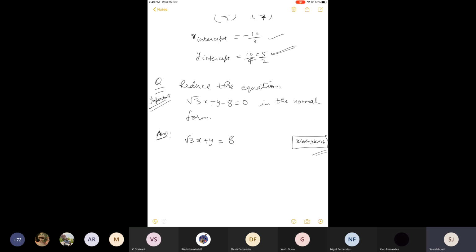In that situation, the next step will be to multiply both sides of the equation by -1. Reason, we are going to compare it with the normal form, and in the normal form on the right hand side, we have the perpendicular distance. So it cannot be negative.